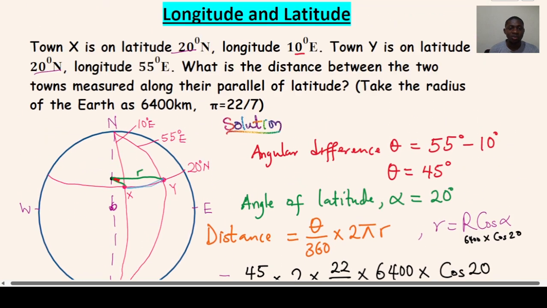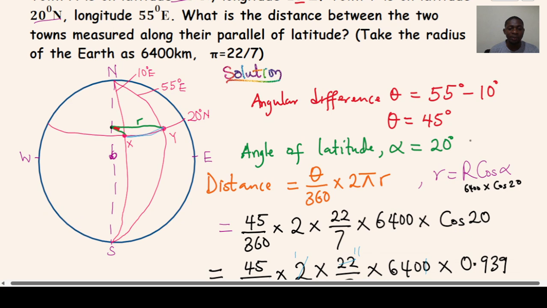Remember, when it is the distance along the parallel of latitude, that is when we use small r. But when it is the distance along the equator or along a line of longitude, we use the big R. And in that case, the center of it will start from the center of the Earth.